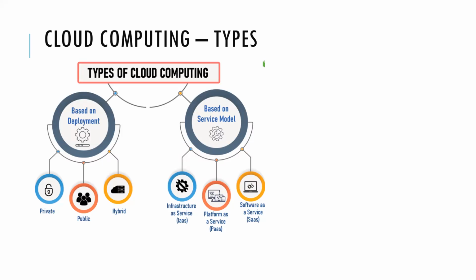There is a hybrid model where you have your on-premise, which you want to maintain because you have made a lot of investment into it, and you also want to use the public cloud whenever you have a huge demand or whenever your server is going above the limit.